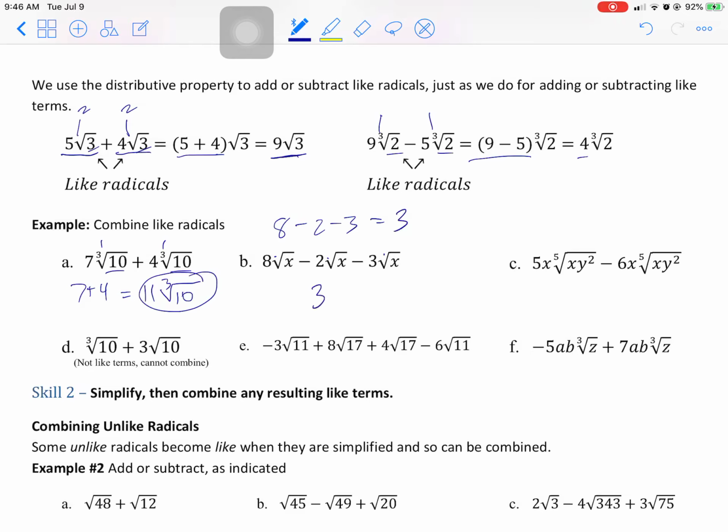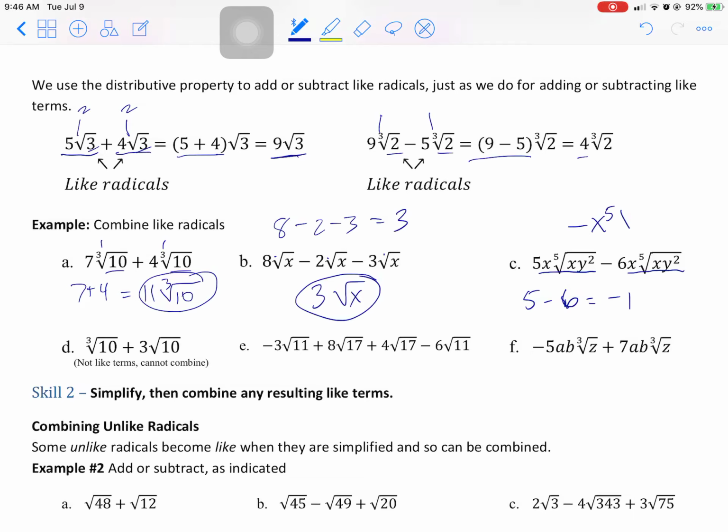So my final answer is 3 square root of x. This looks very complicated, but look, this whole thing is the same as this whole thing. So basically you want to know what 5 minus 6 is, which is negative 1. So my final answer is negative x to the 5th.